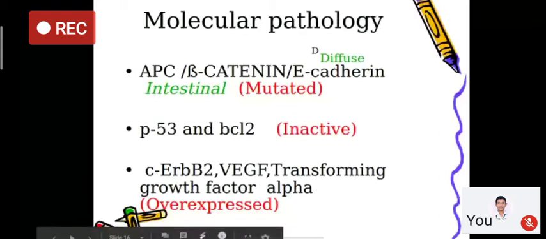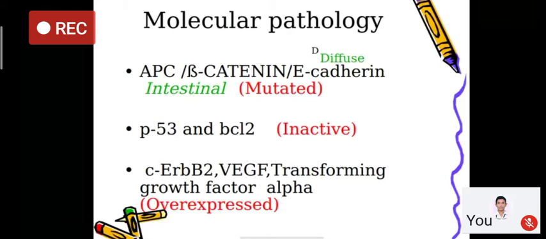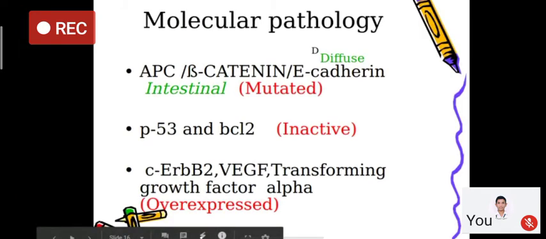We have got a specific monoclonal antibody in the form of Herceptin, which we give in carcinoma breast. The same can be given here if there is overexpression. So now it has become a standard part that whenever we do a histopathology of stomach, we are going to ask what is the ERB status, what is the HER2 status. If HER2 status is positive, then we will also give Herceptin in the post-operative treatment.